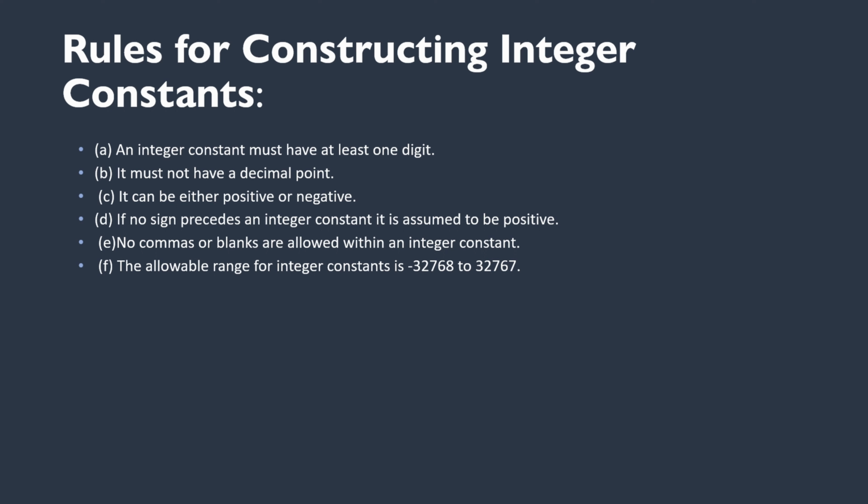If no sign precedes an integer constant, it is assumed to be positive. No comma or blank is allowed within an integer constant. The allowed range of integer constants is -32768 to 32767, right? So that is the range.